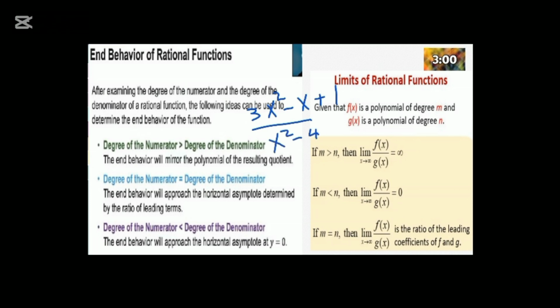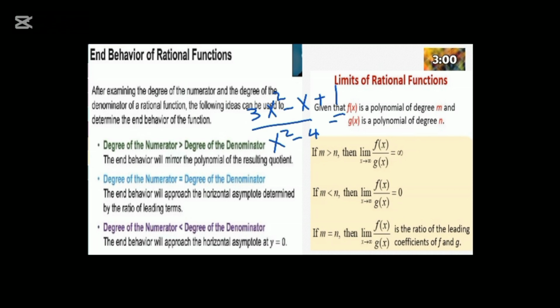for example, okay? So here, when I tell you to find the limit of this function, you will look to the degree of the up and down. The degree in the up is 2 and in the down 2, so we have equal degrees.